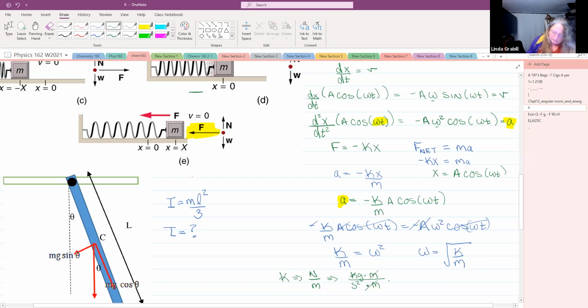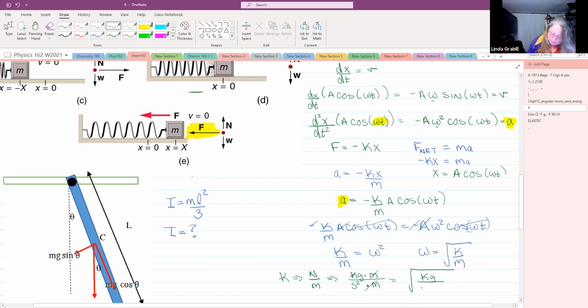So that cancels. So my k, what did I just do? Newtons per meter. Okay, I'm doing something wrong with my units here. That should not have gone away. Oh, good, because m is mass. No, we're good. I'm done panicking.